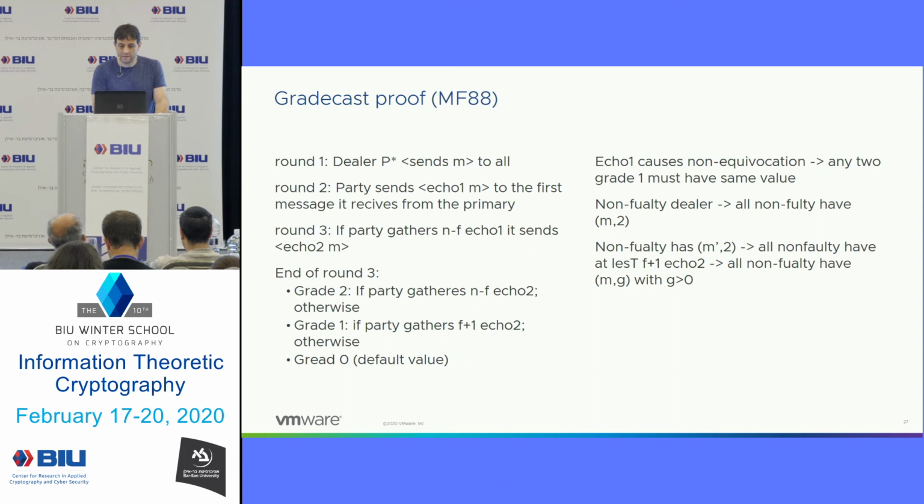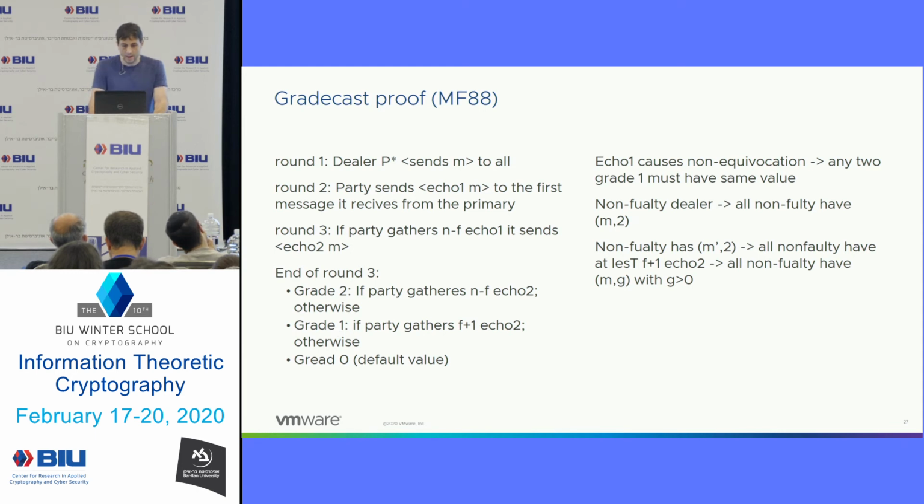And the last property is that if somebody has grade 2, it means it sees n minus f echo 2s. And again, we're just using this fact that if somebody sees n minus f echo 2s, then everybody else sees at least f plus 1 echo 2s. If they see f plus 1 echo 2s, it means they will be graded with grade 1. Okay? So you've already seen this. You should be able to build this yourself.